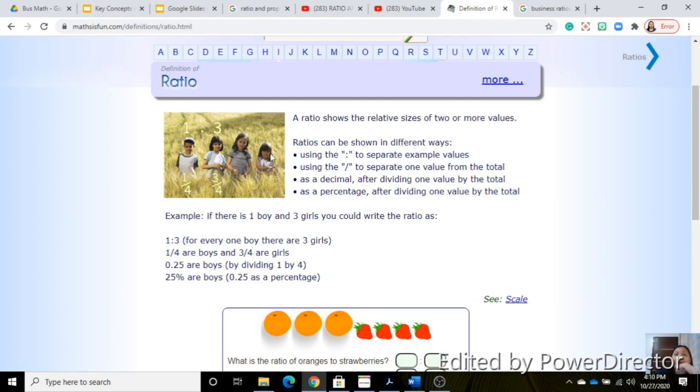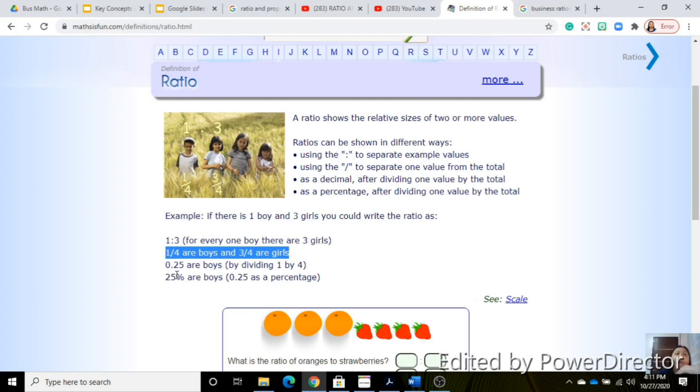Using the colon, separate example value, so 1:3. For every one boy, there are 3 girls. Or pwede namang 1/4 are boys and 3/4 are girls, kung we're talking about fractions.